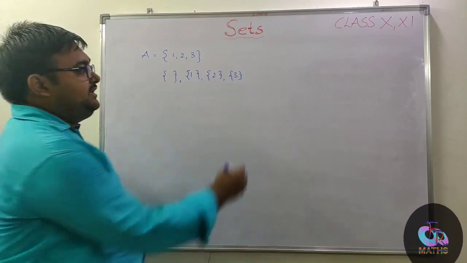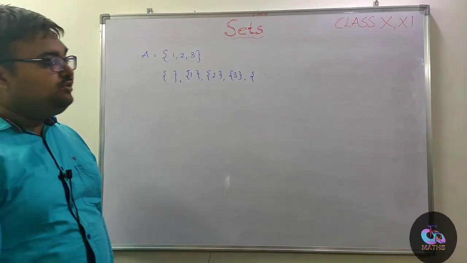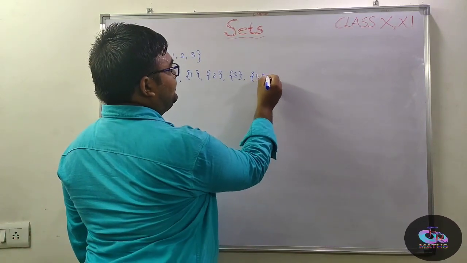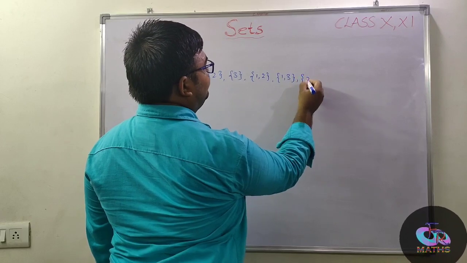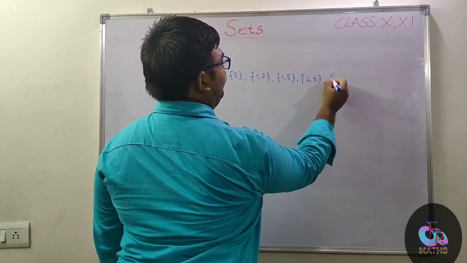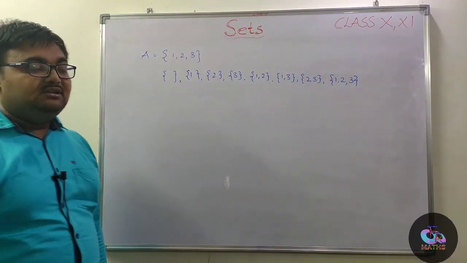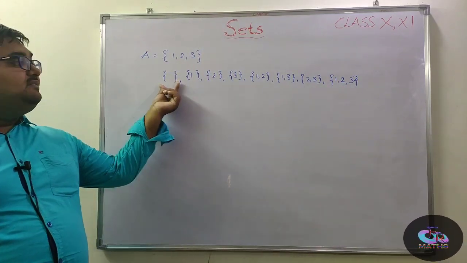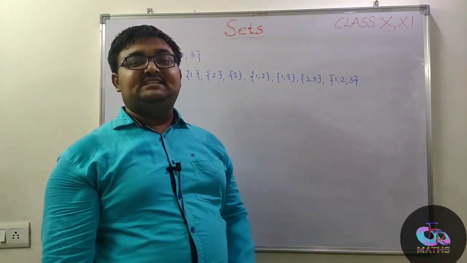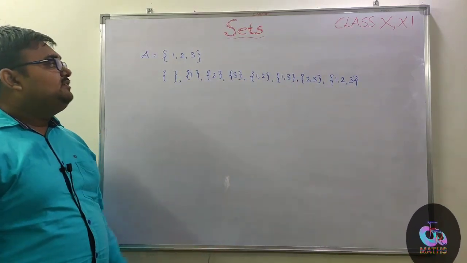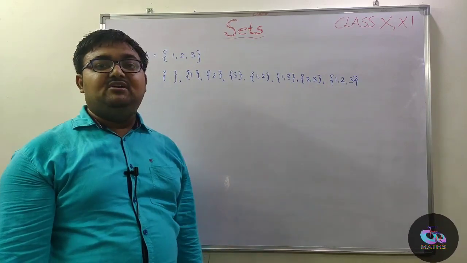Next, taking the sets which contain 2 elements: set of 1 2, set of 1 3, set of 2 3, and next containing 3 elements. So here we have sets containing 0 elements, 1 element, 2 elements, and 3 elements. Because we have 3 elements, how many subsets in total did we get?